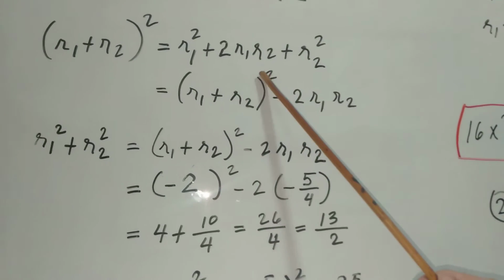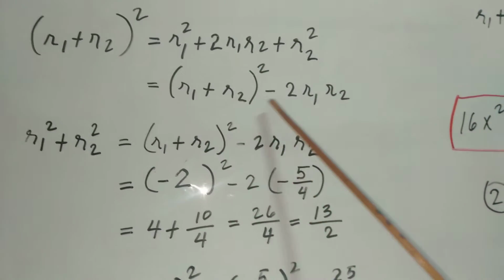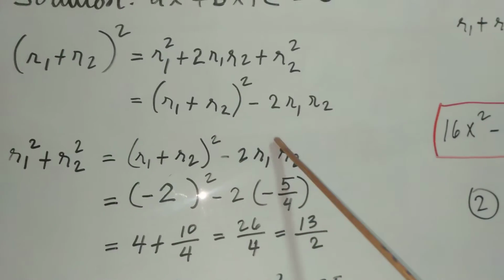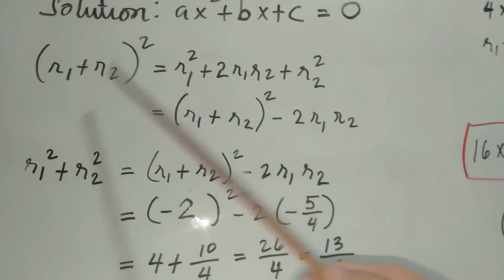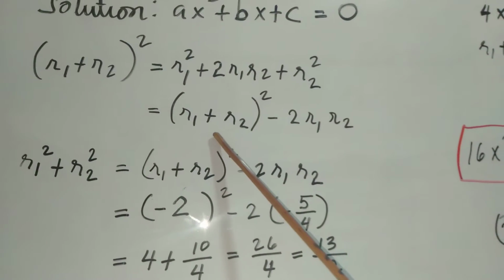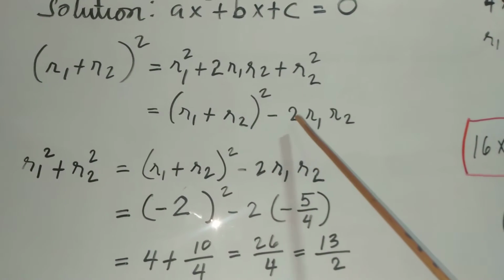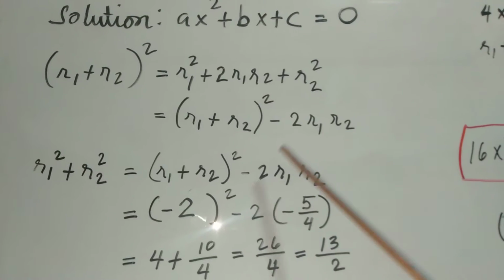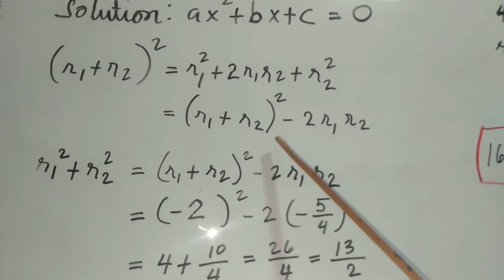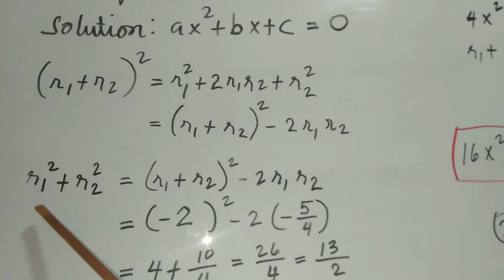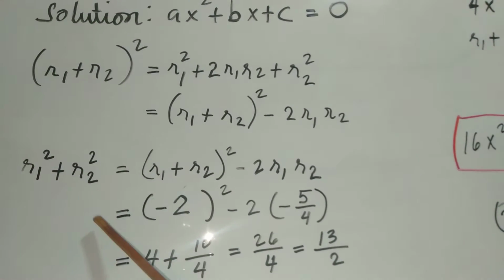So we're going to subtract from this product, or from the expansion of this binomial here, 2 R1 R2 so as to get R1 squared plus R2 squared.